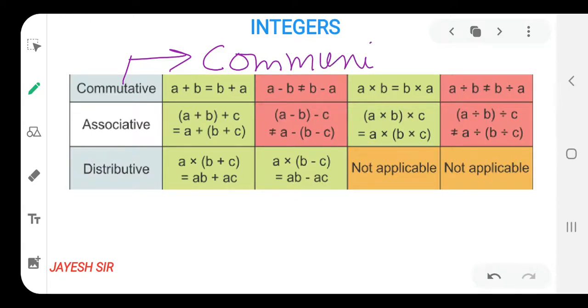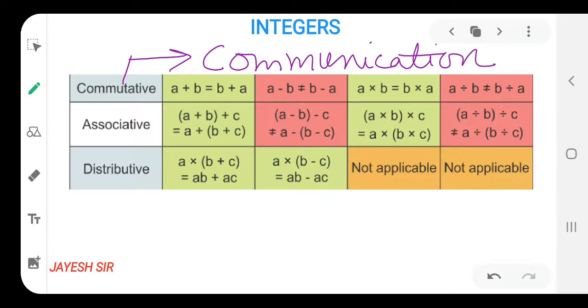Yes, in our day to day life we do a lot of communication with our friends, with our parents, our relatives, and with other people also. So commutative property means communication is possible only when two persons are involved in it.